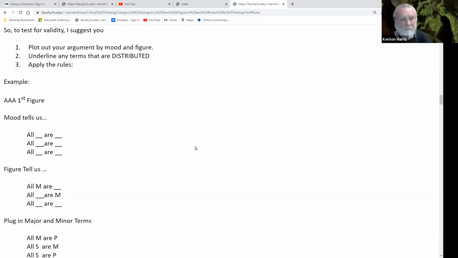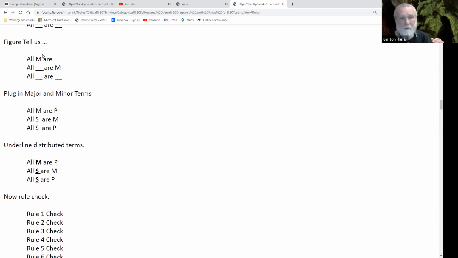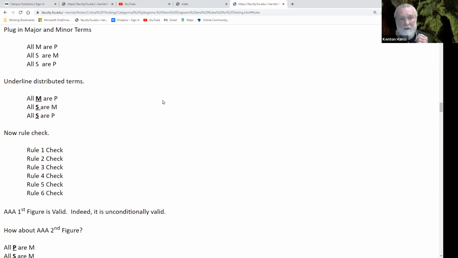If I've got AAA first figure, first I plot out all blank are blank, all blank are blank, all blank are blank, right? That's what the mood says, AAA. First figure means the M's are stacked up on that side of the shirt collar, right? So I stack my M's. Now I plug in my major and minor terms, major term on top, minor term in the middle, all S are P.